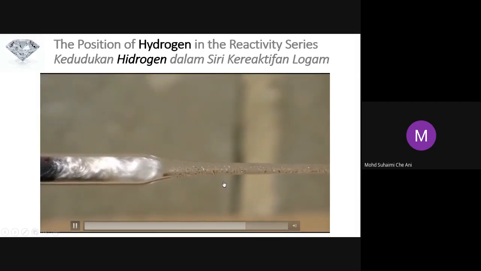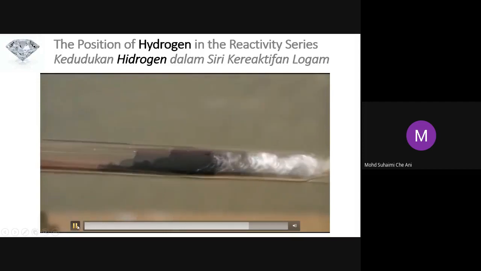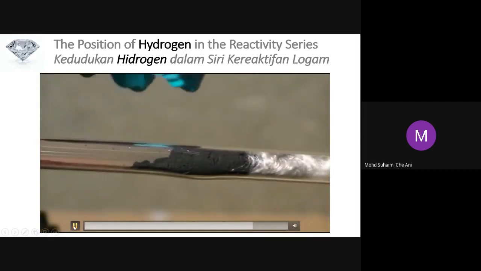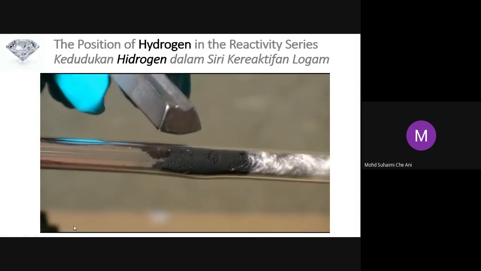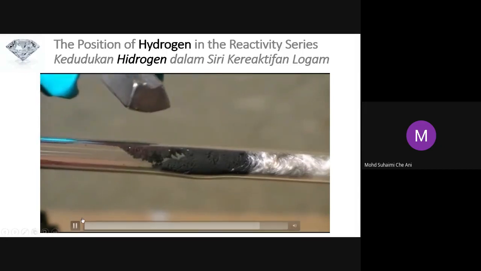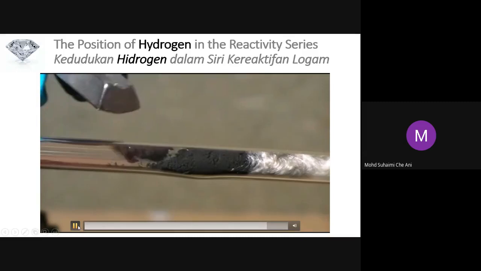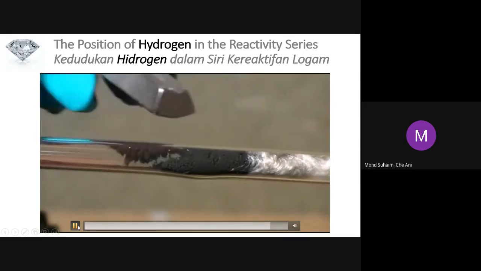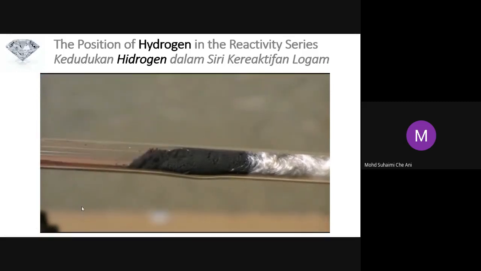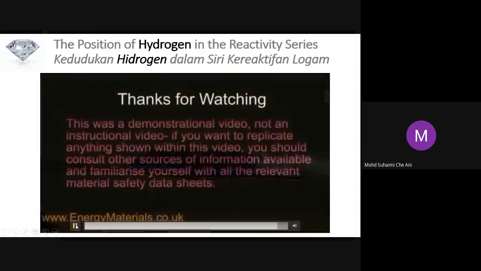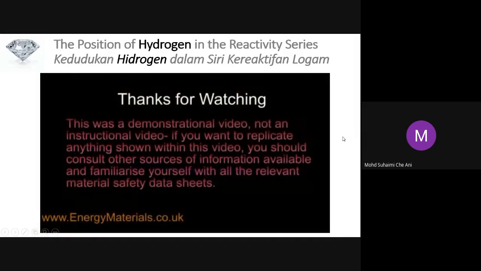This is the water vapor. So this experiment shows that hydrogen is capable of taking oxide from the iron oxide. So it means that hydrogen is positioned above iron in the reactivity series. Alright.